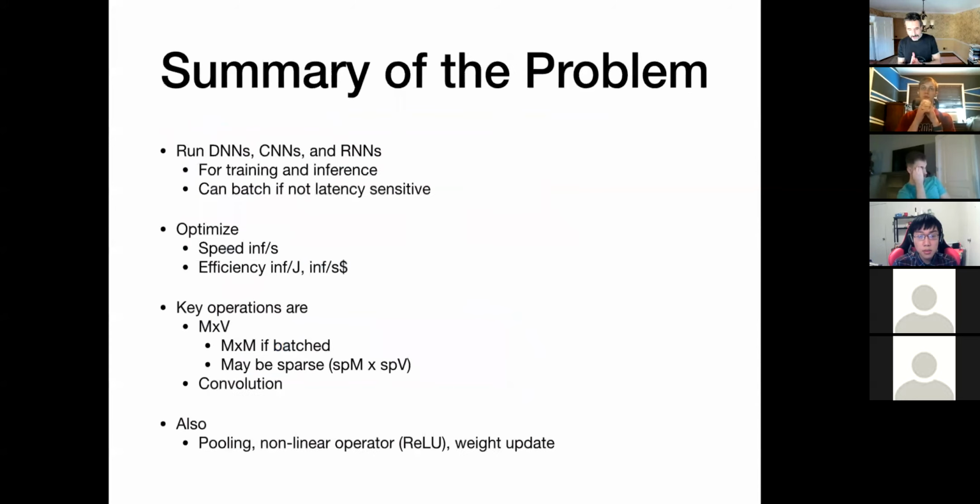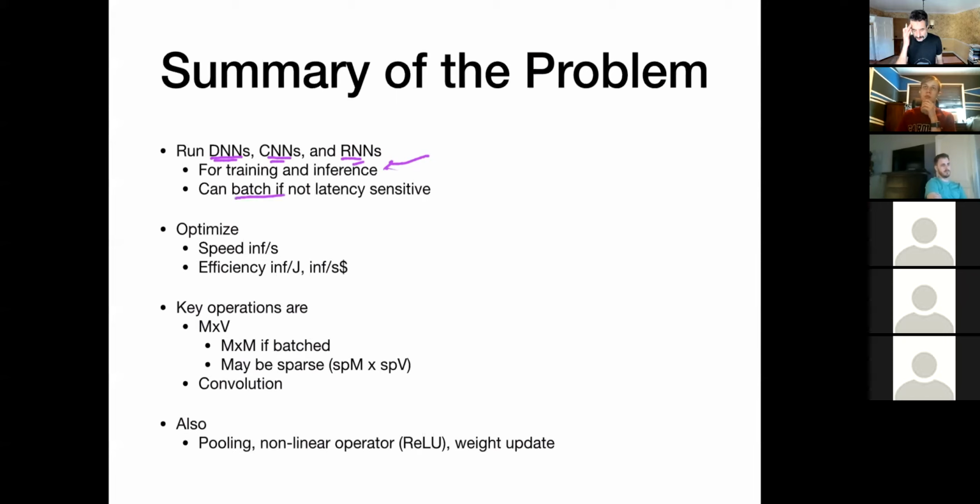So to summarize, basically you have these different models from fully connected to convolutional to RNNs. There are concerns in terms of training and inference, right?